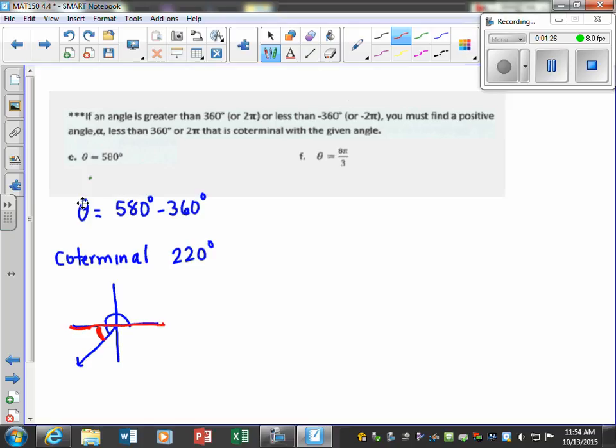So if this angle is 220, how do I find this red angle, which is called the reference angle, theta prime? Well, we take that 220 and subtract out 180. Our reference angle is going to be 40 degrees. So this red angle is 40 degrees.